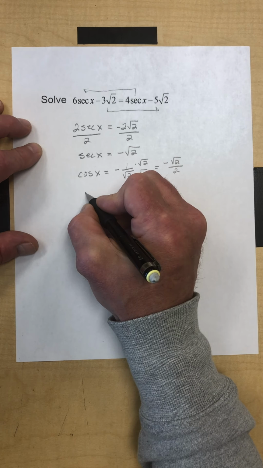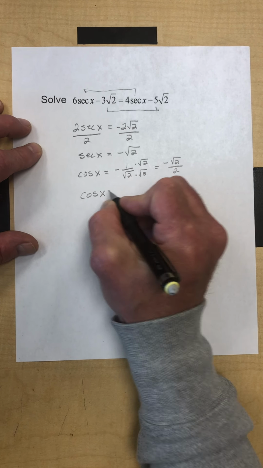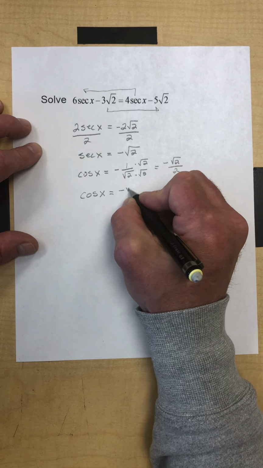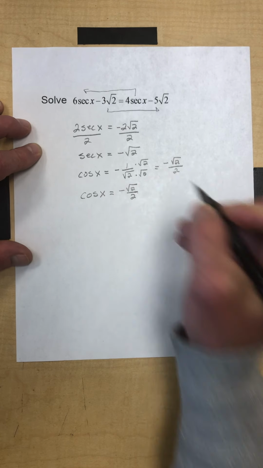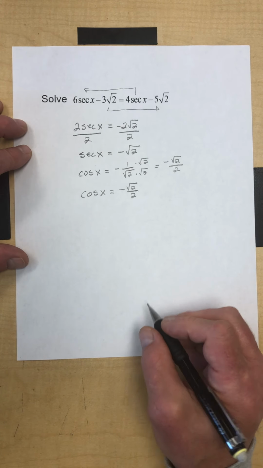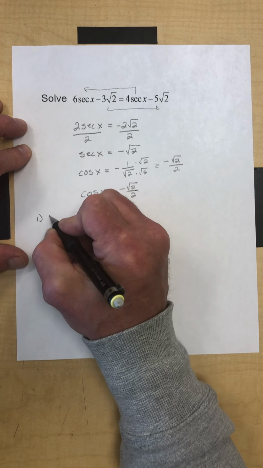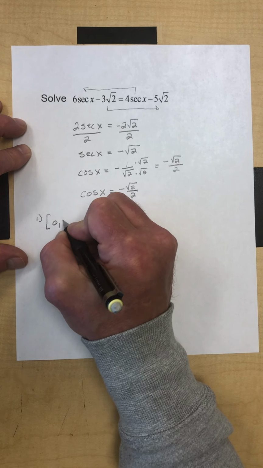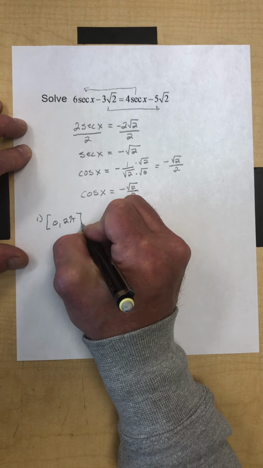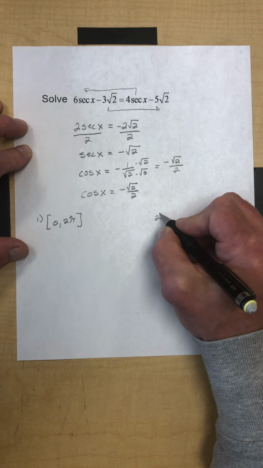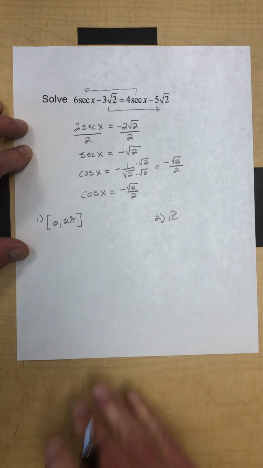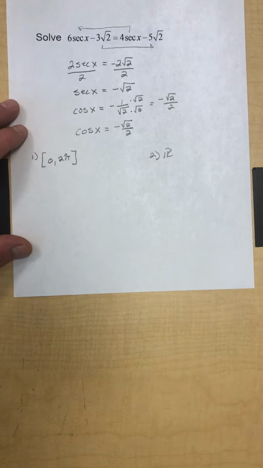So I'm trying to figure out when will the cosine of x be equal to the opposite of radical 2 over 2. Okay, and I can go right to the unit circle, so once again we will do that from 0 to 2 pi, and then we will do that over the set of real numbers.